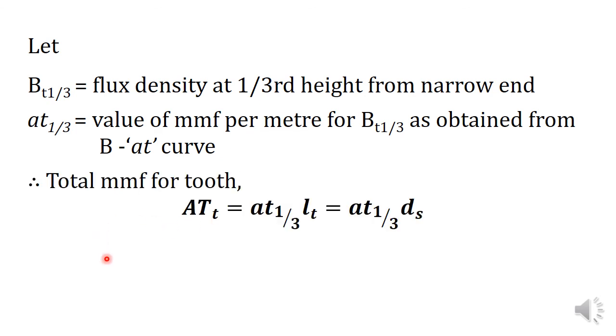Therefore, the total MMF for the tooth, that is ATT, where AT denotes MMF and T means tooth, is equal to AT 1/3 into LT, which is equal to AT 1/3 into DS, where LT is the length of the tooth and DS is the depth of the slot. Both are equal. Thank you.